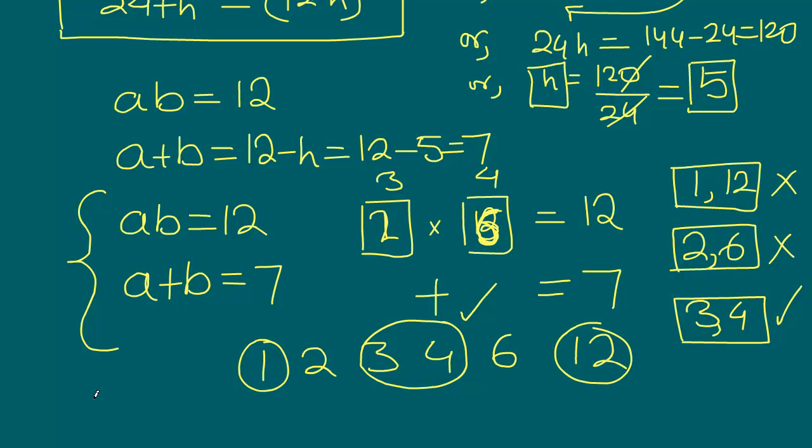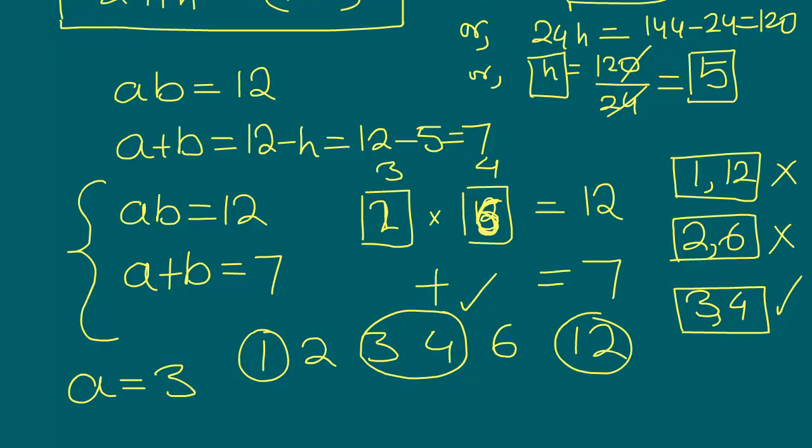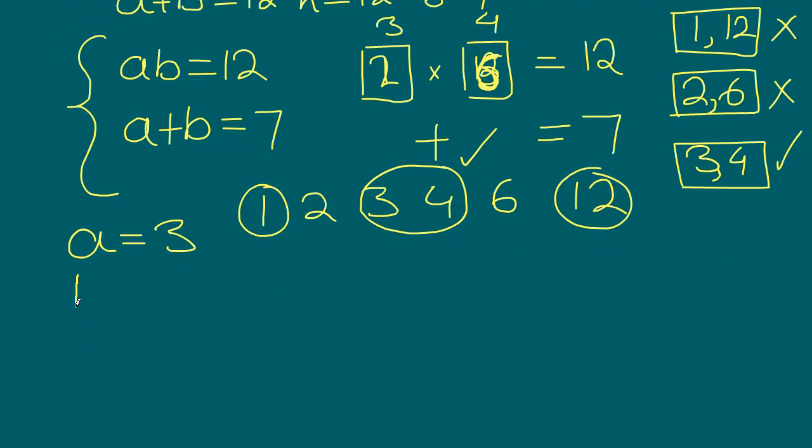So one of the values, A, can be 3, and B can be 4. Now, this could be the other way around as well. We can say A is 4 and B is 3, it really doesn't matter. And we have already seen that H is 5.